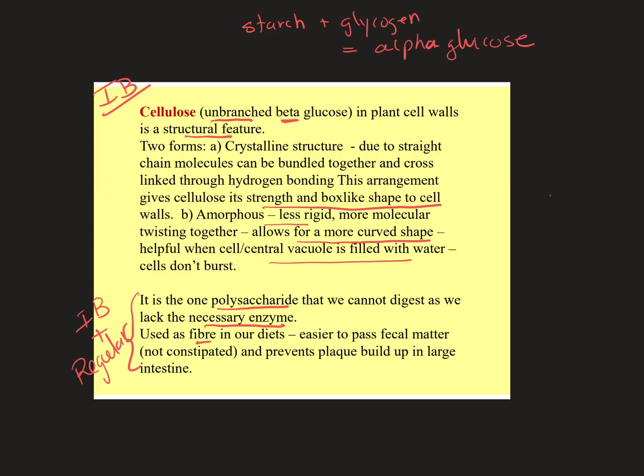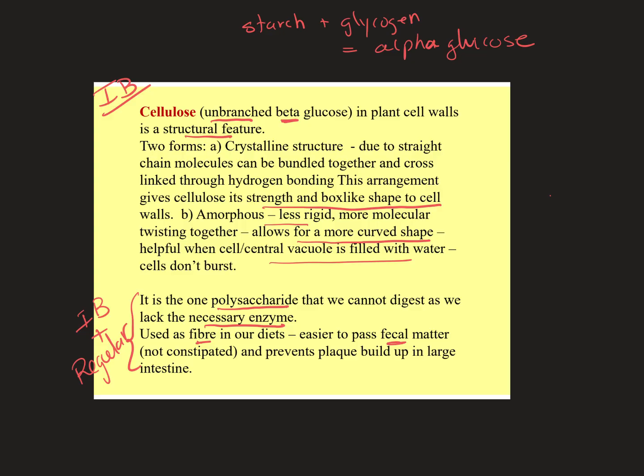And this allows in your large intestine your fecal matter to pass through, so that you're not having waste, because anything that's in your large intestine is now considered to be waste. There is a little bit of nutrient extraction that can still happen due to gut bacteria, and we'll talk about that when we get to the parts of the digestive system.